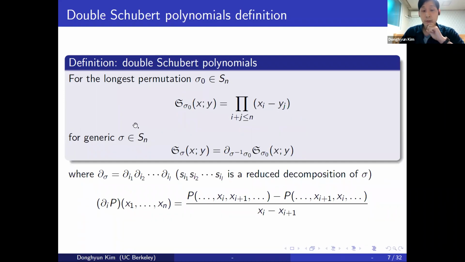And for a generic permutation sigma in Sn, we get the double Schubert polynomial for that permutation by applying a sequence of divided difference operators to the double Schubert polynomial for the longest permutation, according to the reduced decomposition of the permutation sigma inverse sigma 0.